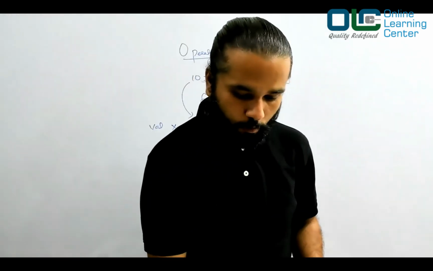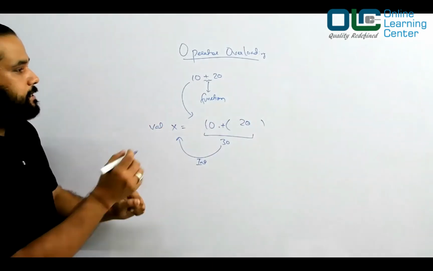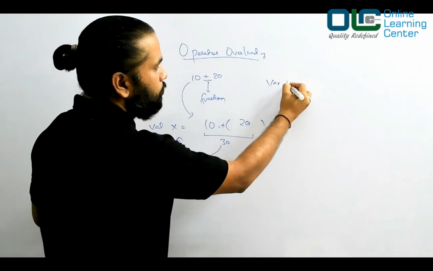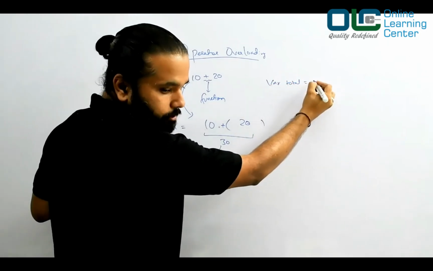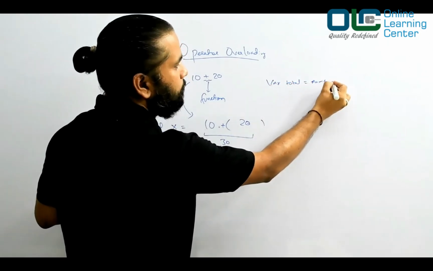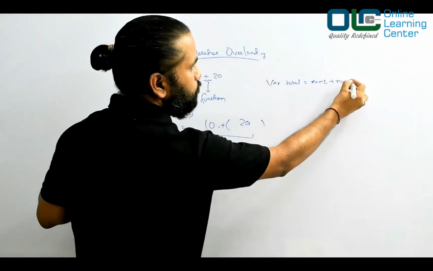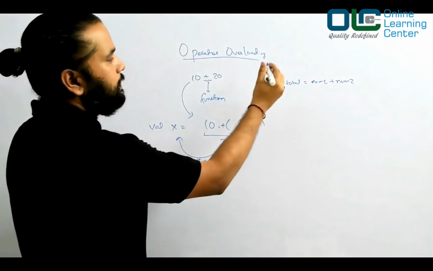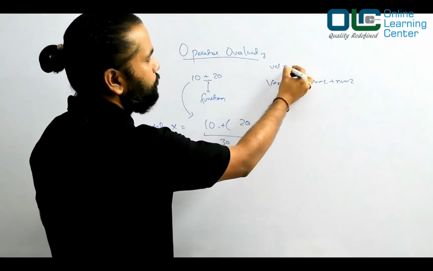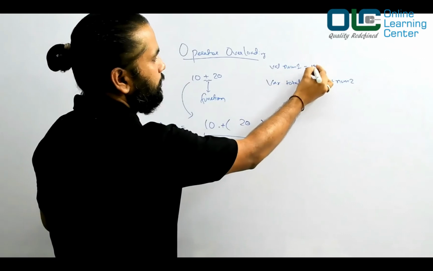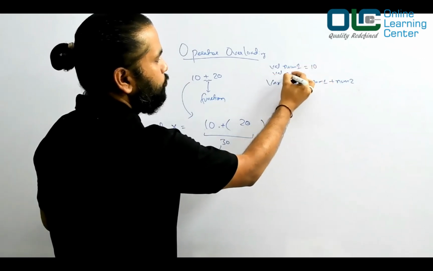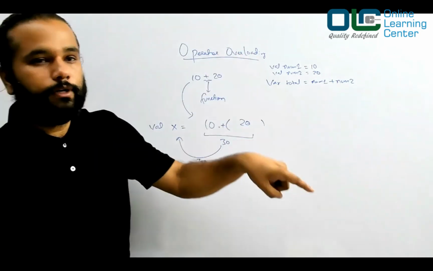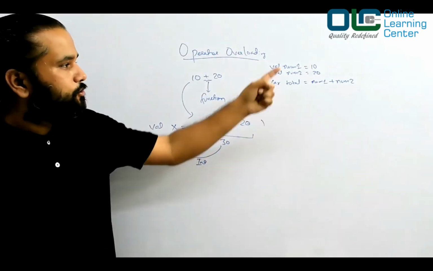Okay, so I'll just go back. That's what we discussed. Let me take the same example. I'll say variable total is equal to num1 plus num2. Let's say num1 and num2 are integers, right? So val num1 is equal to 10, and val num2 is equal to 20. So these are what?